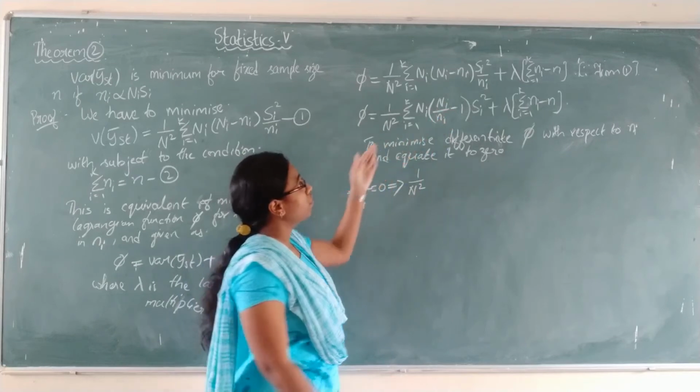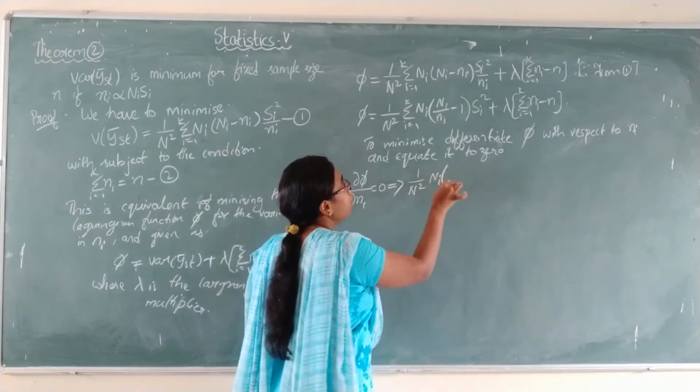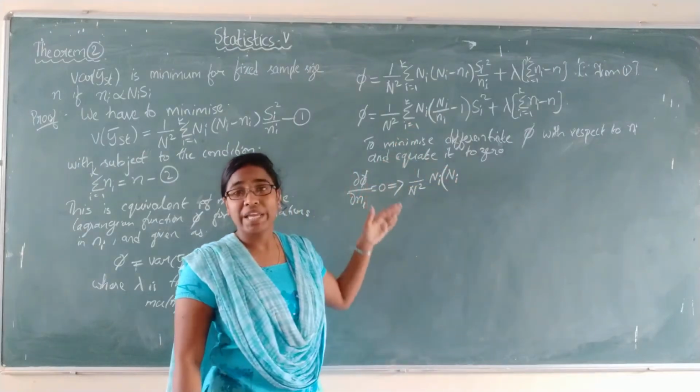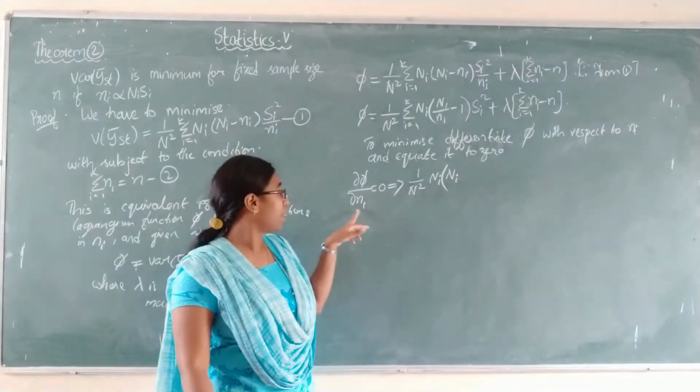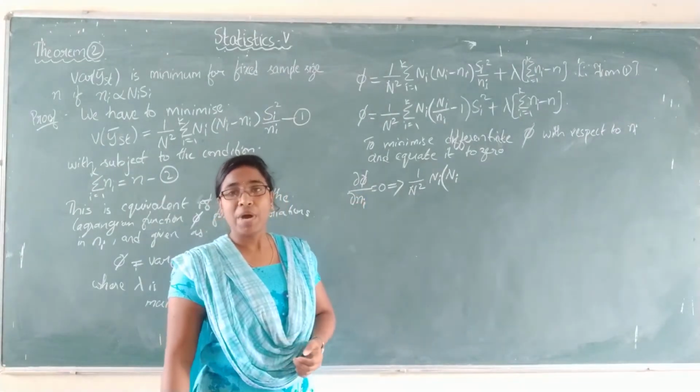Inside also you have one ni. So you get capital Ni into, this capital Ni is constant, right, and 1 by ni. With respect to ni only we are differentiating. The differentiation of 1 by x is minus 1 by x square.